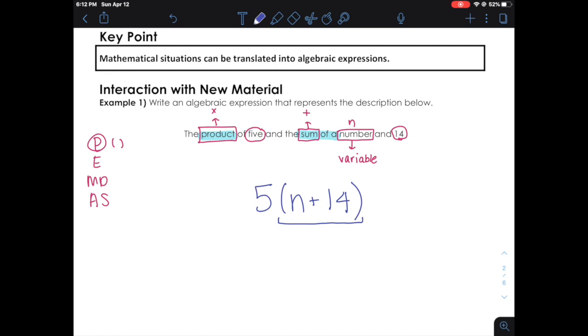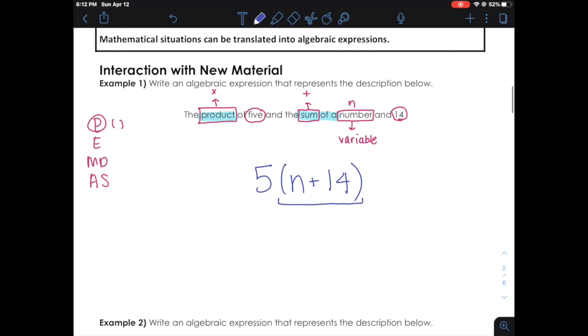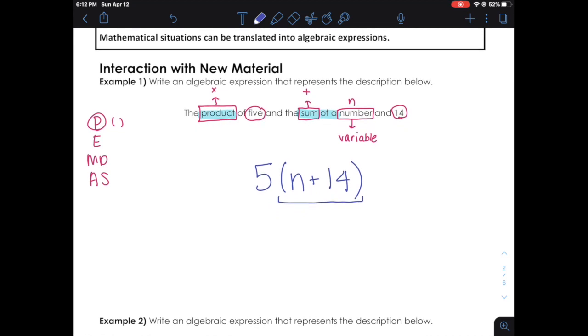And literally the way you read it is just like it says above: 5 times the sum of n plus 14. So you need parentheses anytime you see the sum of.